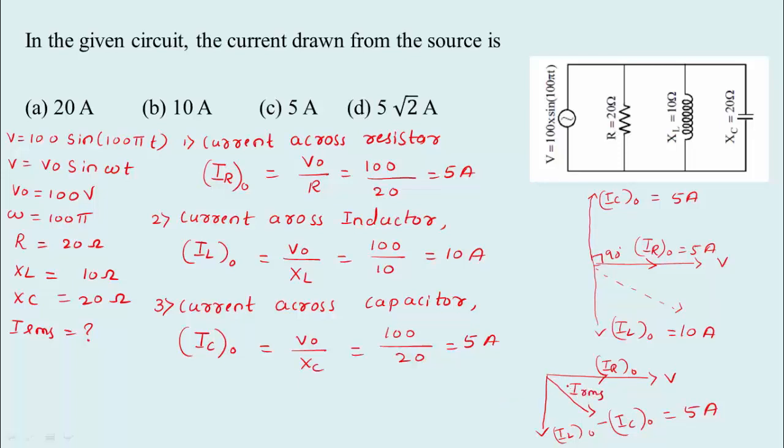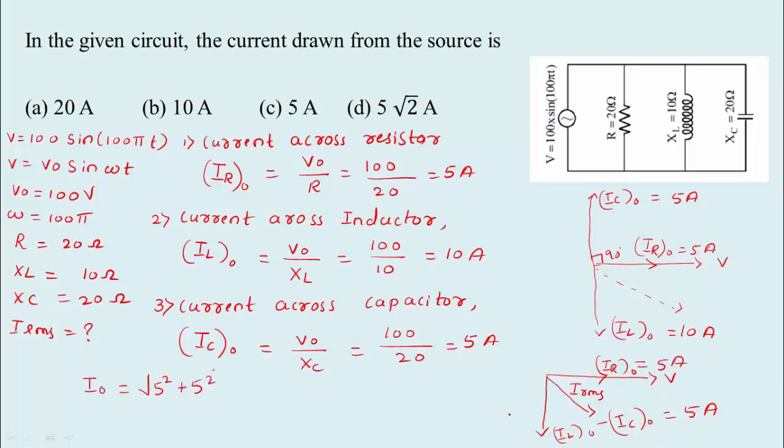So how to find the net current or the resultant current? I_RMS, or we can write I naught equal to the net current. We can use C equal to root of A square plus B square. That is here 5 square plus 5 square, because I_L minus I_C is also 5 ampere.